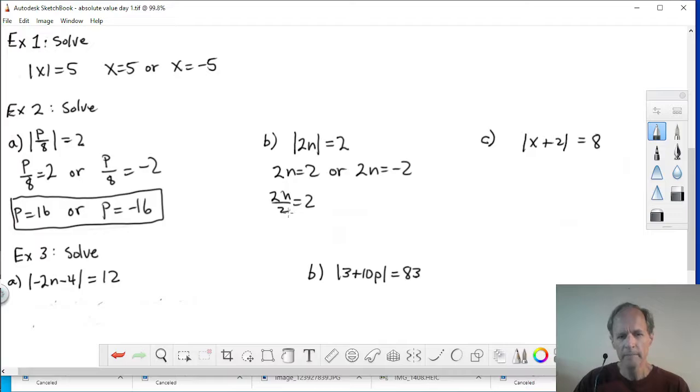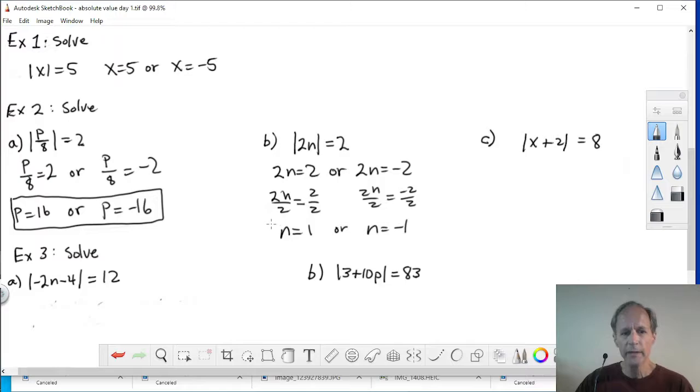Sorry, I didn't divide both sides by 2 yet. Okay, n equals 1. Let's do the other one. 2n over 2 equals negative 2 over 2. We get n equals negative 1.